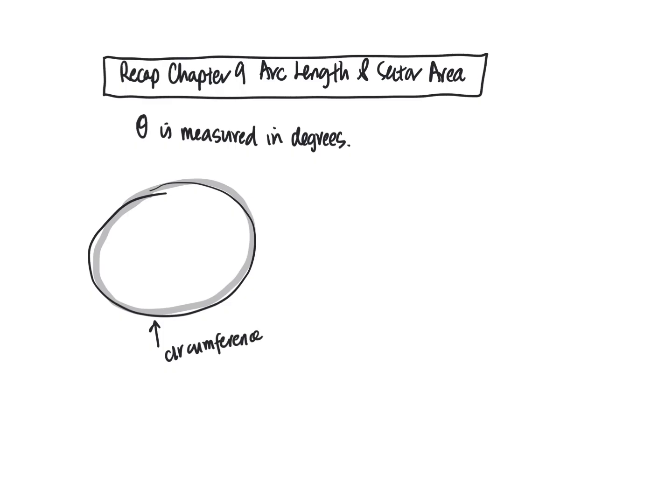Okay, and then if you cut a portion of it out, this tiny section here is called your minor sector. Okay, then the big part here is called your major sector.